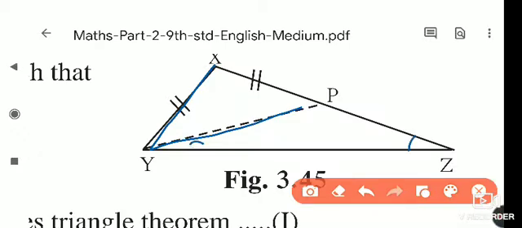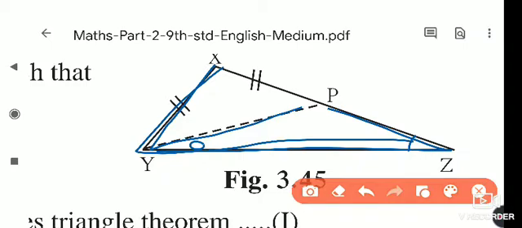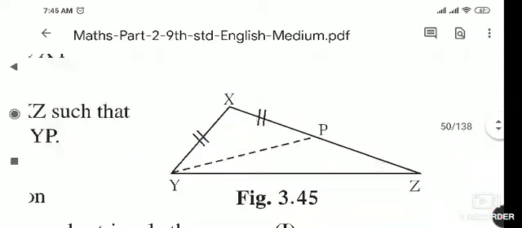And if we add this angle, pyz, to xyp, already xyp is greater than pzy, and if I add one more angle inside it, then xyz is also greater than pzy. Instead of reading pzy you can read xyz, then you will get your required proof.